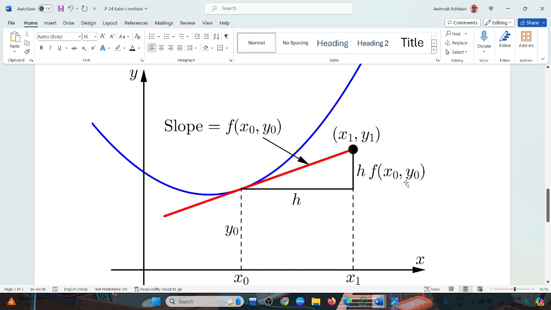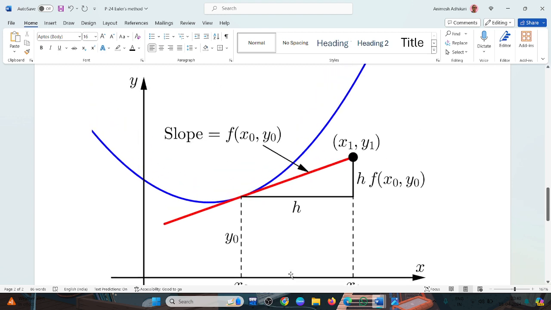So the actual value at the point x1 is this y on the curve, but the approximate value by Euler's method is the corresponding height of y1. This is the numerical value at the point x1. So this is the geometrical interpretation of Euler's method.